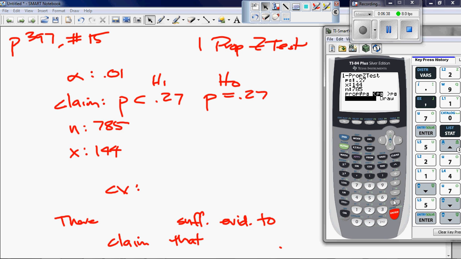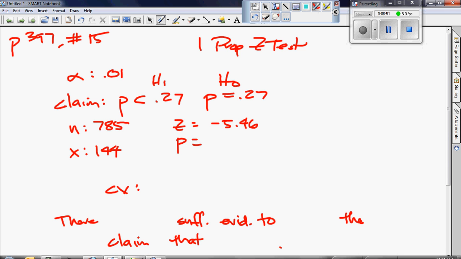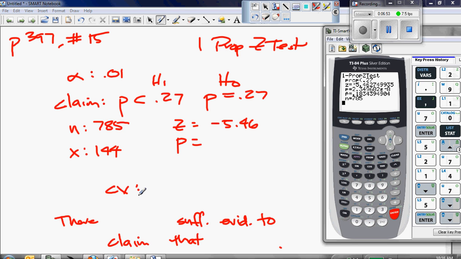Hit calculate, write down our test statistic and p-value. The test statistic is negative 5.46, and our p-value is 2.35 times 10 to the negative 8.